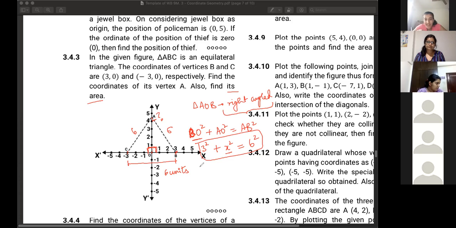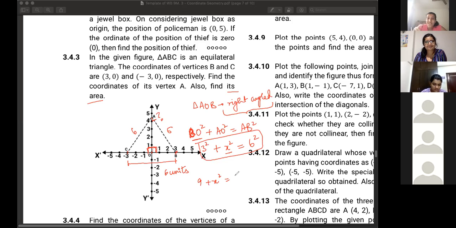Ma'am, is it 27? No, is it 9? Okay. It's not. Ma'am, I think the coordinates are 0, 25. How did 25 come? See, 3 square is how much? 9. Plus X square equal to 6 square is how much?